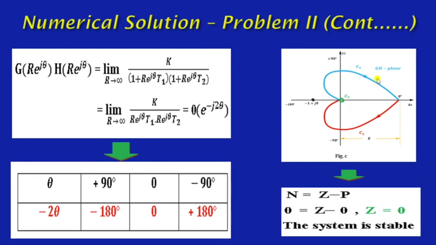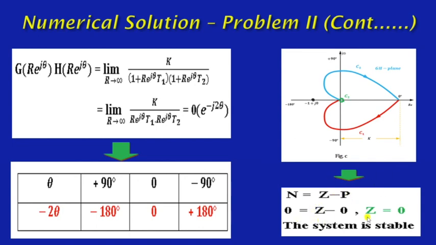So find the stability of the system. Write down the equation N equal to Z minus P. Since the minus 1 plus j0 point is not encircled by the closed contour, N equal to 0, and there are no right hand side poles present in the S plane, so P equal to 0.